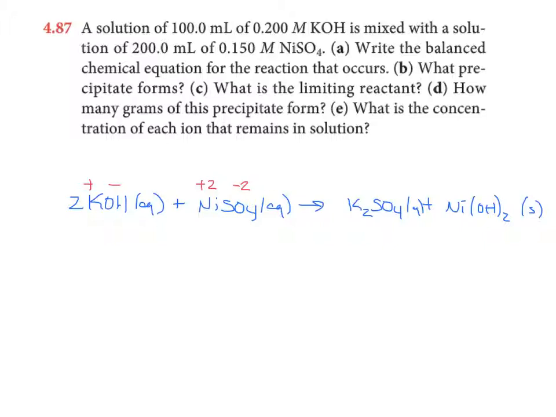Next thing we need to think about is which one is the limiting reactant. In order to figure out which one's the limiting reactant, I need to know how many moles of both of them I start with. So we always want to do comparisons in moles because the balanced chemical reaction tells us mole ratios. We practiced this when we did the dilution problem, but since I've got a volume and a concentration, right, a V and an M, I can get moles. So that's all I'm going to do for these 2.